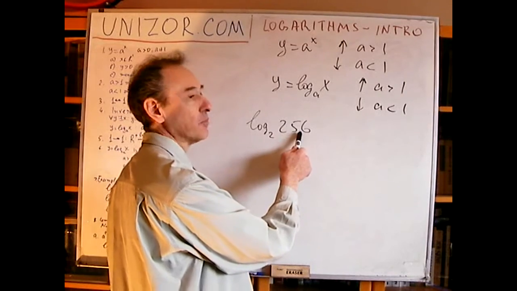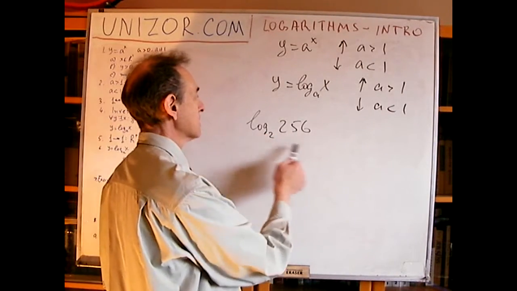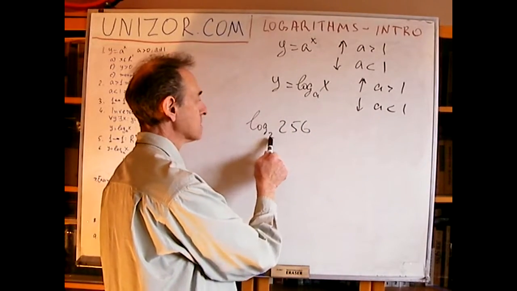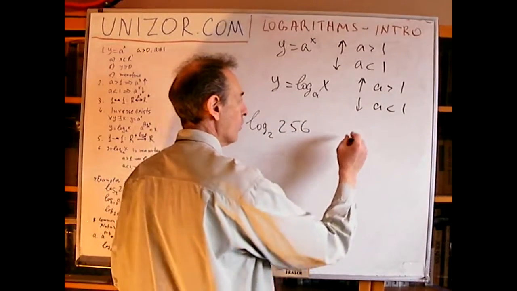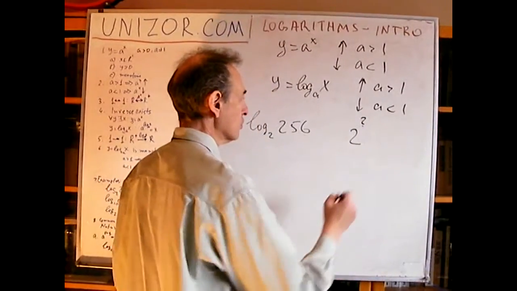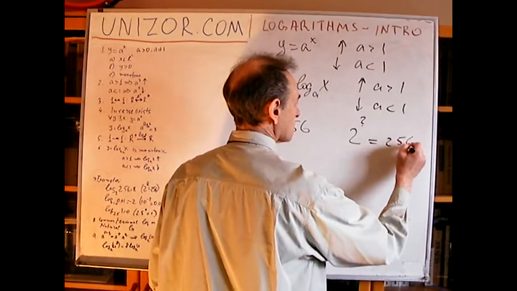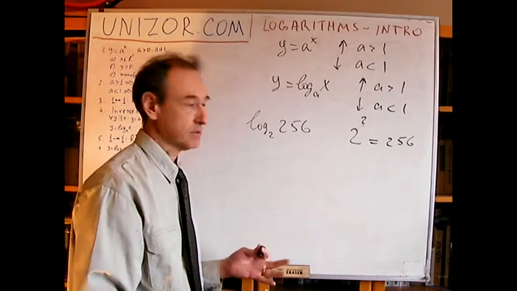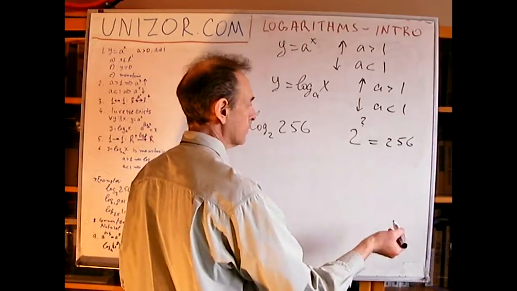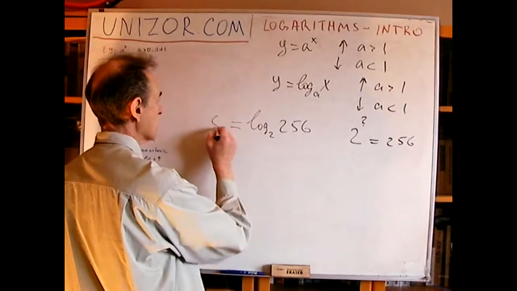Logarithm of a number is a power which, if used with this base, will give this number. So, what power should I raise 2 to get 256? Well, 8, all right? 2 to the power of 8 is 256. That's why this is equal to 8.